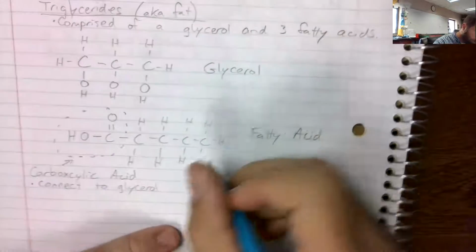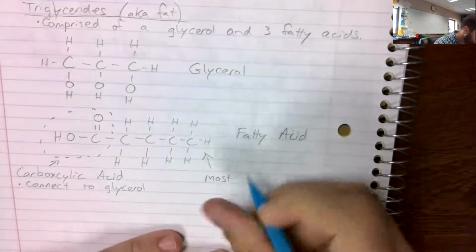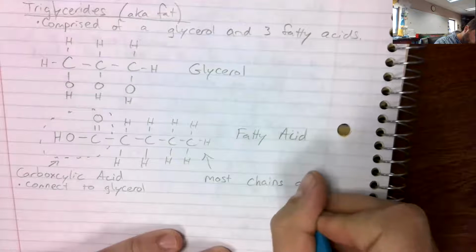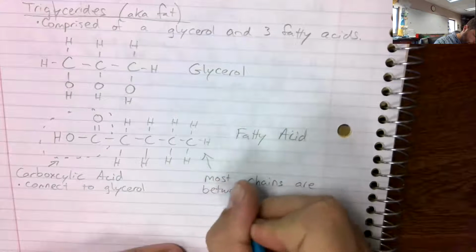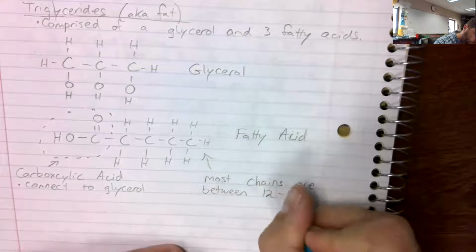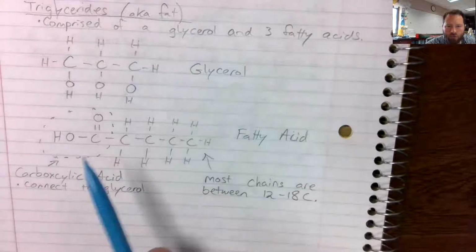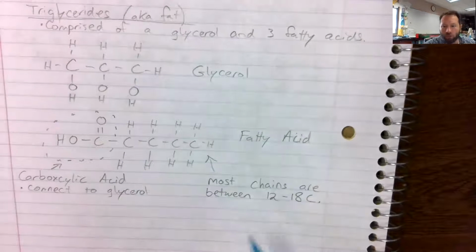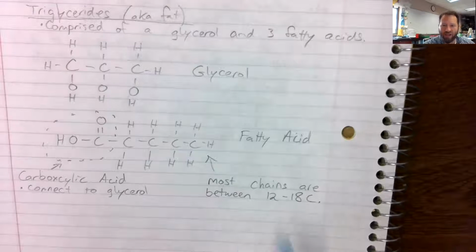Ours is actually pretty short, really. Most of these fatty acid chains are between 12 and 18 carbons. In fact, I've most often heard they're 16 to 18. I don't even know if 12 is within that range, but certainly fits.